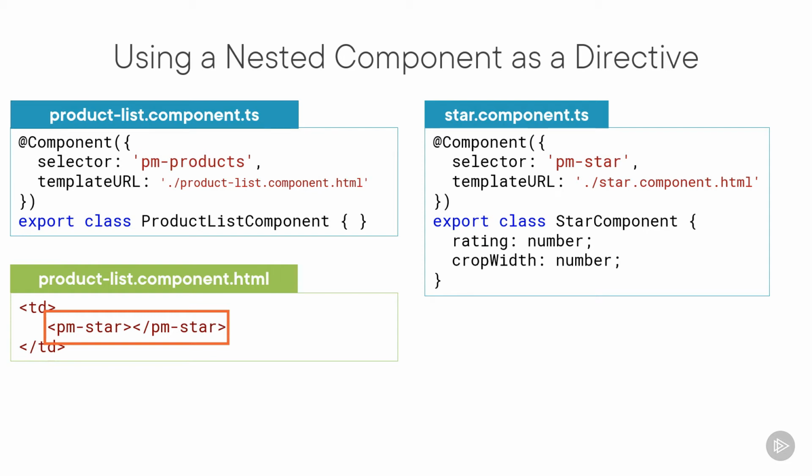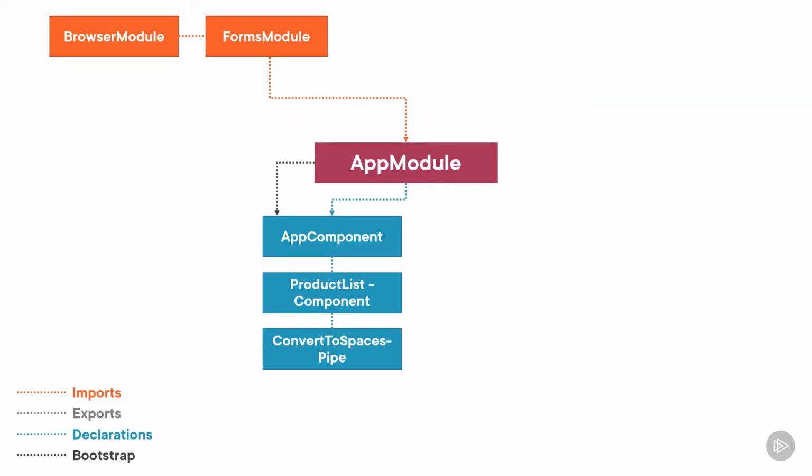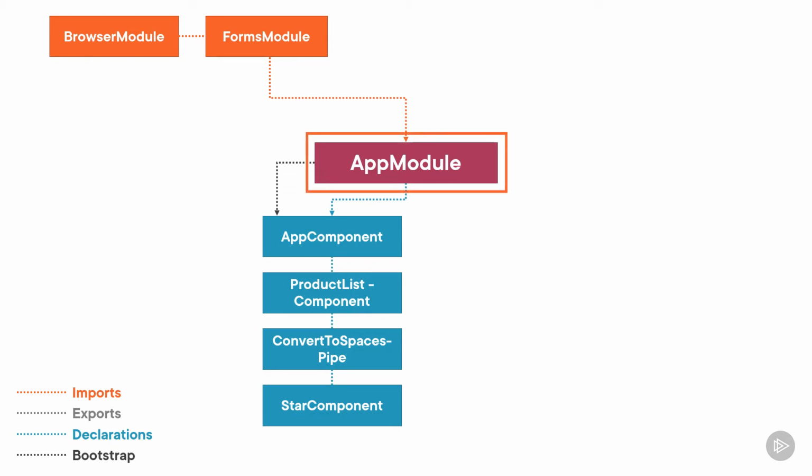With the custom HTML tag in place, we are now using the nested component as a directive. As we've seen in prior demos, when we use a component as a directive, we need to tell Angular how to find that directive. We do that by declaring the nested component in an Angular module. How do we know which Angular module? Well, we still only have one Angular module, AppModule.